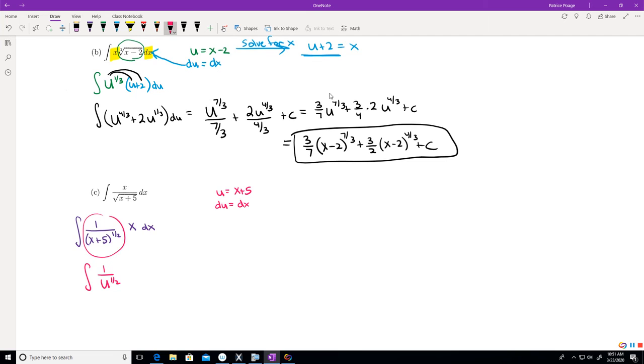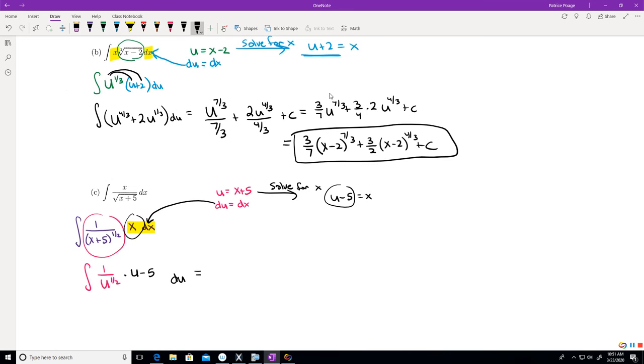I still need to replace x dx, but what I have will only replace the dx. So I'm going to replace the dx with du. So I still need to replace the x. I'm going to solve my u value for x, and I get u minus 5 equals x. So I'll replace my x with u minus 5.